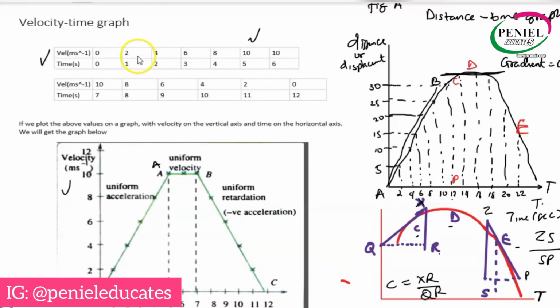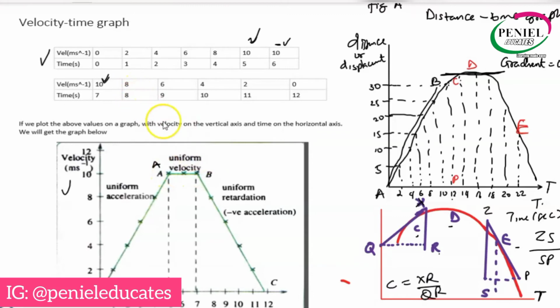Velocity is changing by 2 meter per second, and time is changing by 1 second. Once you get to this 10, velocity remains the same, it's just 10. So we have a uniform velocity from here up to this place, and that's the point A and B.